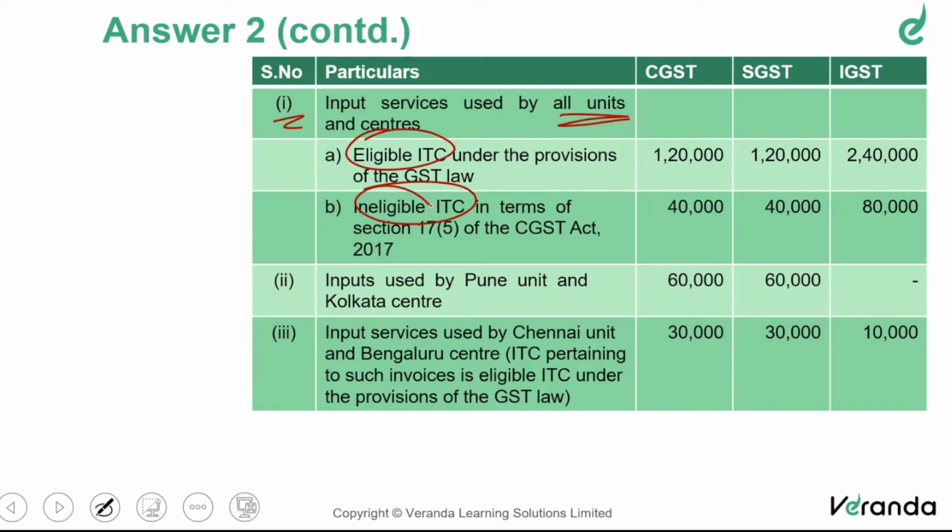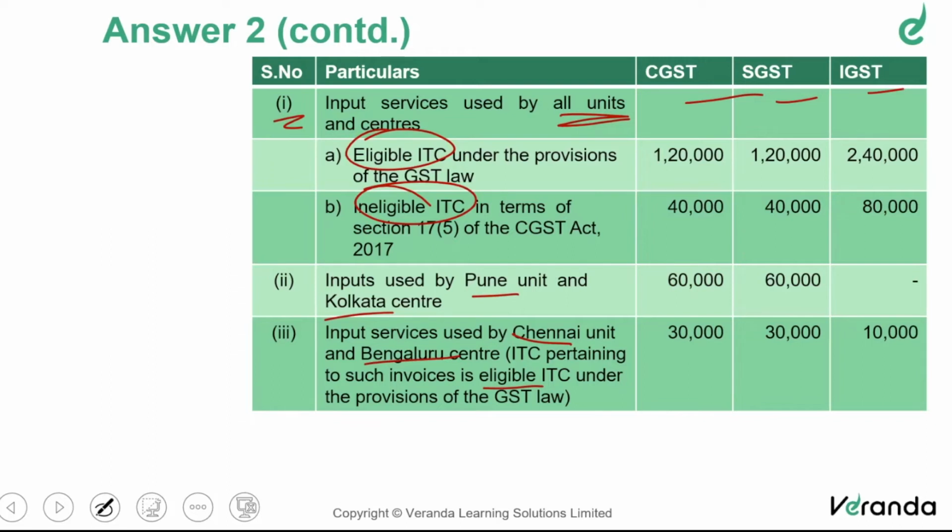Next, input used by Pune unit alone. Pardon, Pune and Kolkata. Third, Chennai and Bengaluru. It's all eligible ITC. So ITC attributable to all units or more than one unit is given here. And CGST, SGST, IGST are given.